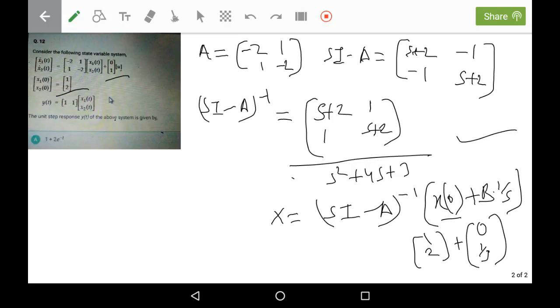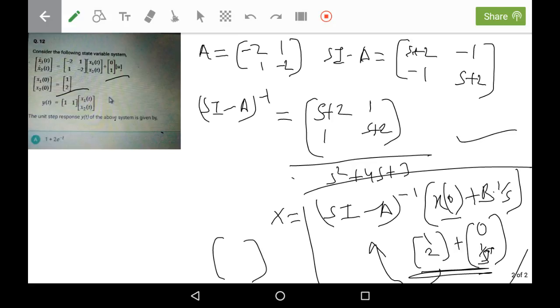Adding these two, and after multiplying with the inverse, we get easily a matrix in the 2 by 1 form, and that matrix will be the value of X.